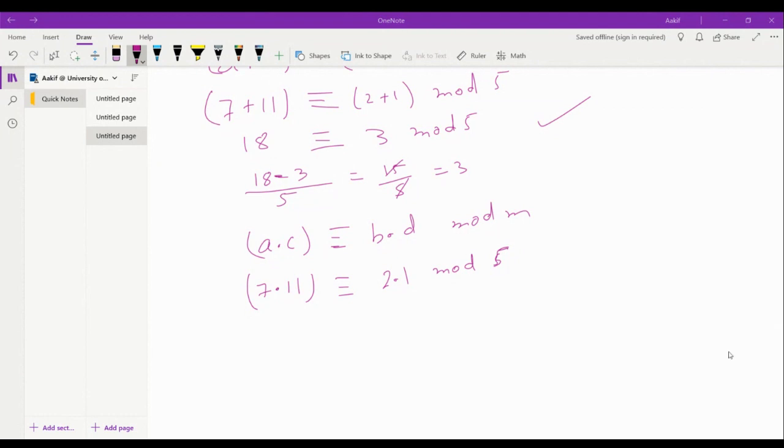So this will be 77, and this will be 2 mod 5. So 77 minus 2 is equal to 75, and 75 is divisible by 5. It is divisible by 5 because 75 is a multiple of 5. Therefore, the congruence of products also holds true here.